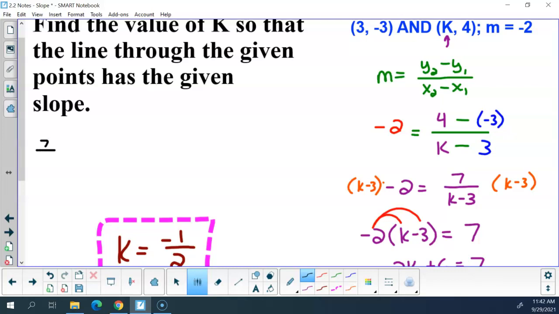Negative 1/2 minus 3, that's going to be negative 3.5, right? So that's going to be 7 over negative 7/2. Flip and multiply. That's 7 times negative 2 over 7. 7 divided by 7 makes that go away, which just makes negative 2.